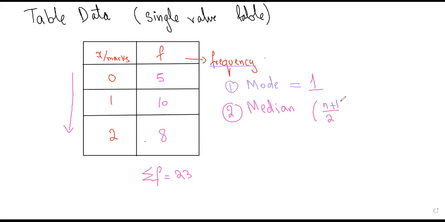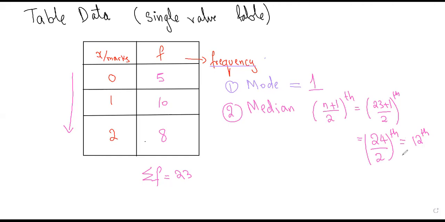N plus 1 by 2th term. 23 plus 1 by 2. So this would be 24 by 2.